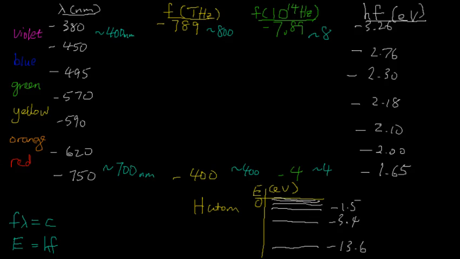Now I have over many videos talked about the transitions between these, and specifically I've talked about the emission spectrum of hydrogen in visible light. If you remember that line spectrum, the transition from the third to the second level is red light. And the transition from the fourth to the second level is light blue.